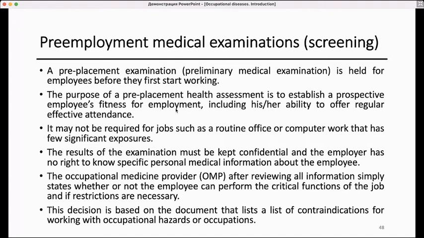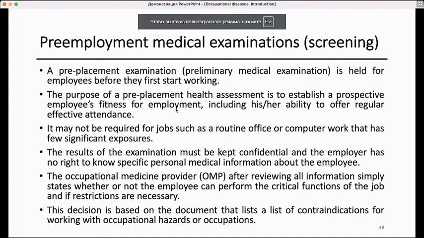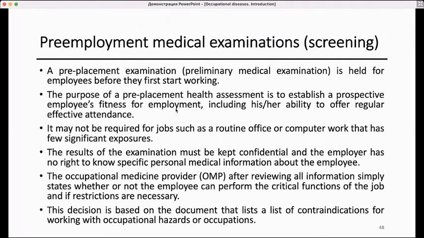And this decision is based on a document that lists contraindications for working with occupational hazards or occupations. So, in the conclusion of such a screening document, the OMP, occupational medicine provider, just states that the employee can work.